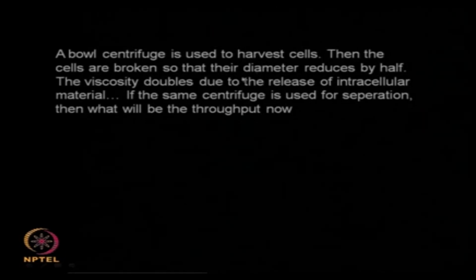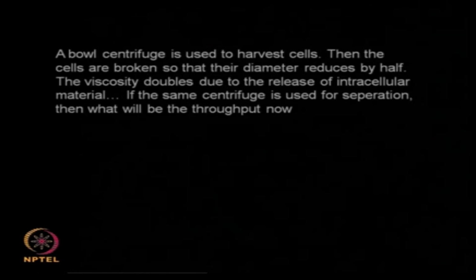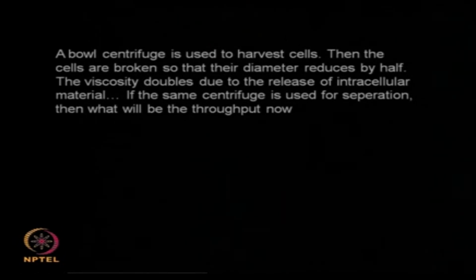Initially I have the centrifuge where the particles are of a certain diameter d and the viscosity is a certain viscosity mu. Now the diameter has become d by 2, and the viscosity has become 2 mu. So what will be the throughput? You have to recall your Stokes law to calculate this.